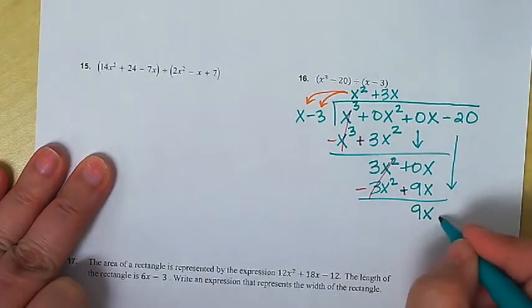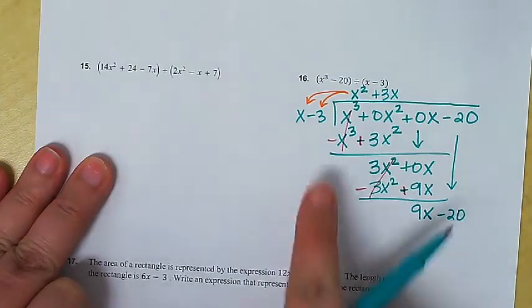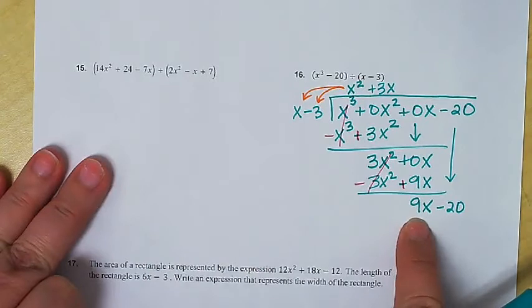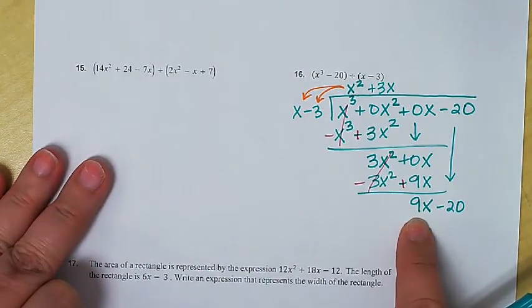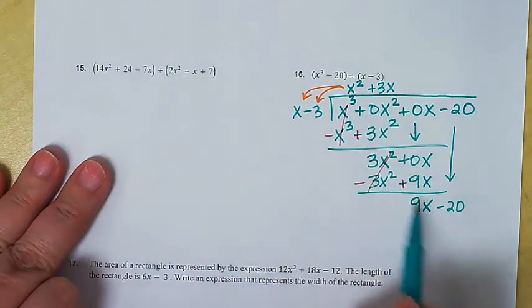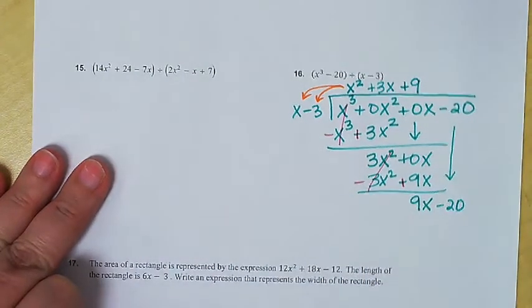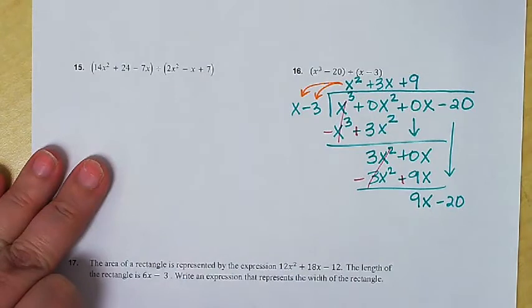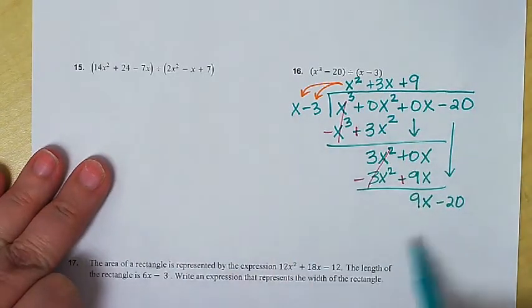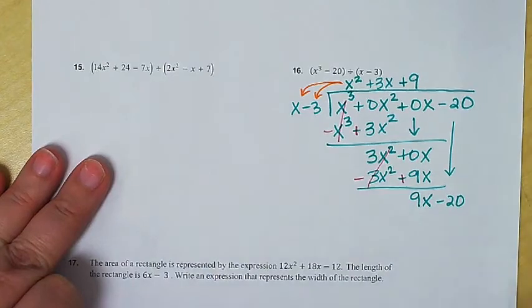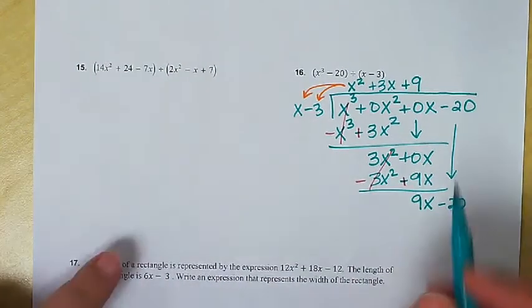And we bring down our next number, and we ask ourselves, can we do this again? Can x go into 9x? The answer is yes, we can do this one more time at least, yeah? So x times what gives us 9x? The answer to that is 9. So I write that right next to it. And I distribute it down. You can see the cycle just starts over again. You guys knew how to do that way back when you did long division, is exactly what we're doing now.